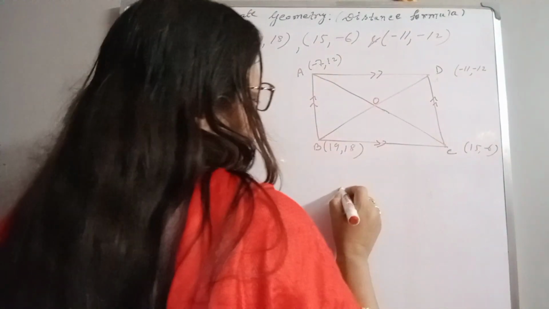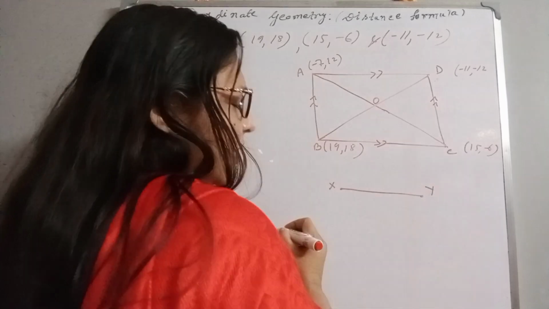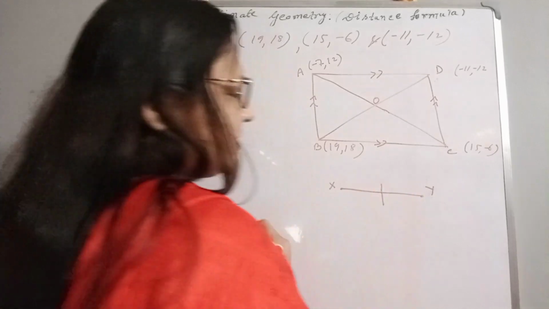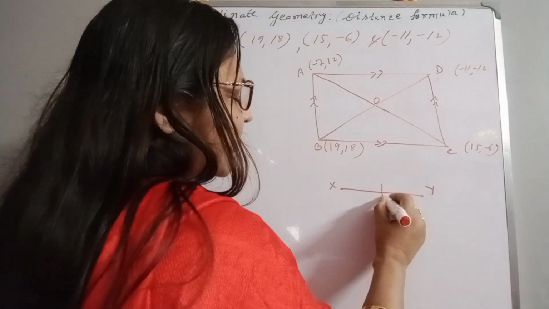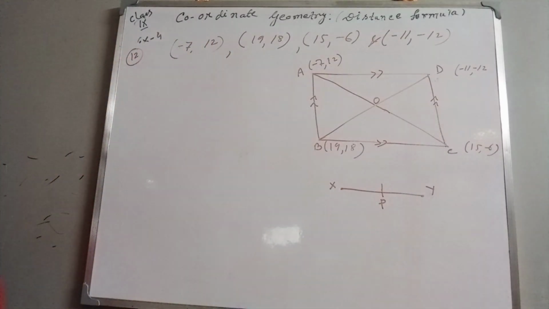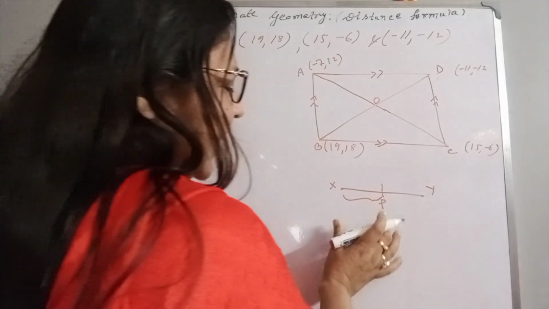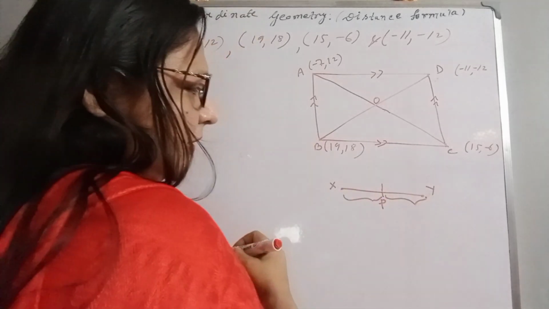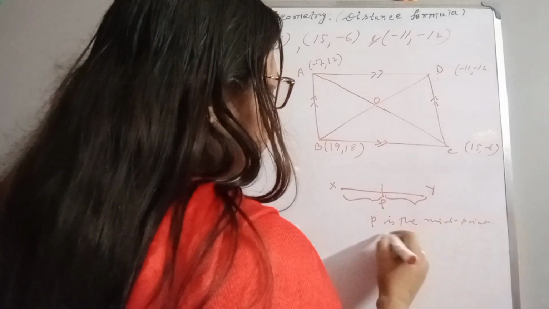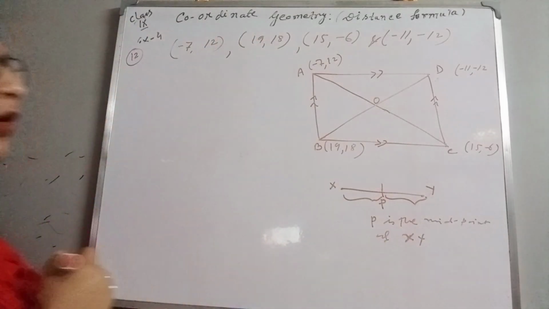If this is a point X and this is a point Y, and the line XY is bisected at the point P, that means the length of PX is equal to PY. That means P is the midpoint of XY.